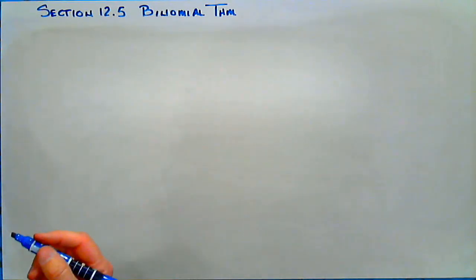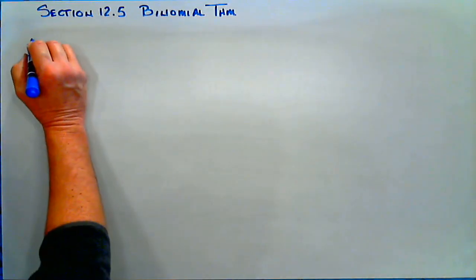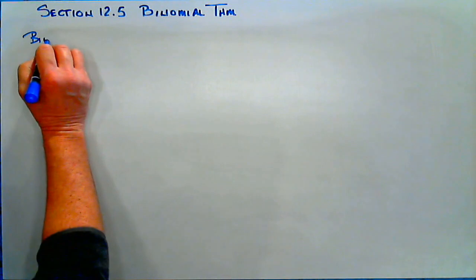Now, let's not panic while we're writing it down. We're just going to write it down. It's going to look less nice than we would particularly want it to look. But here's what the binomial theorem says.